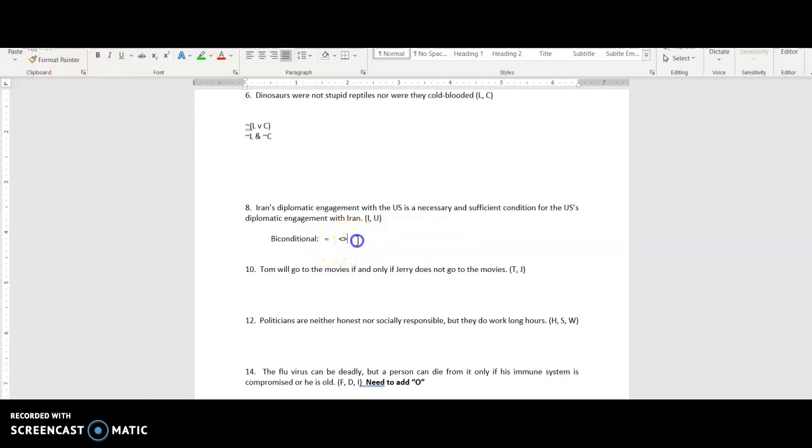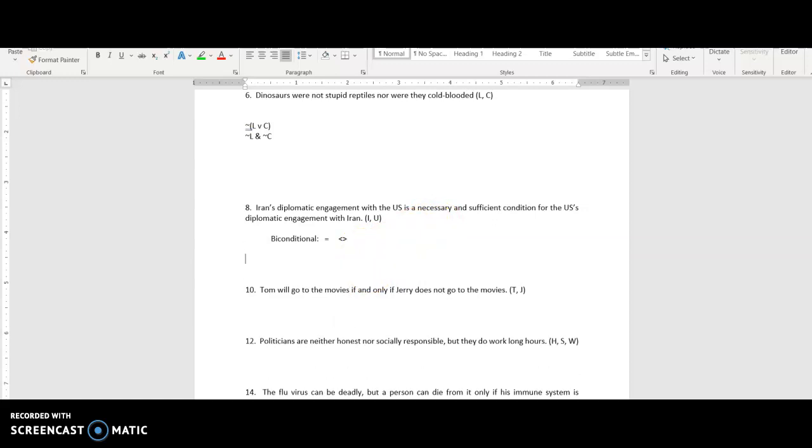Biconditional means if and only if, which is just another way of saying that something is necessary and sufficient. So plain old if means sufficient condition, only if means necessary condition. So if and only if means sufficient and necessary both. So it's the biconditional.